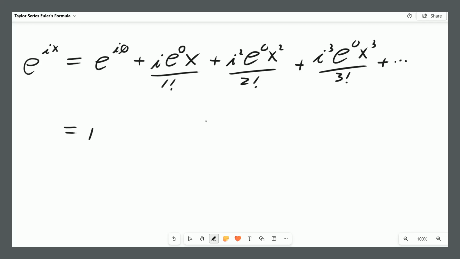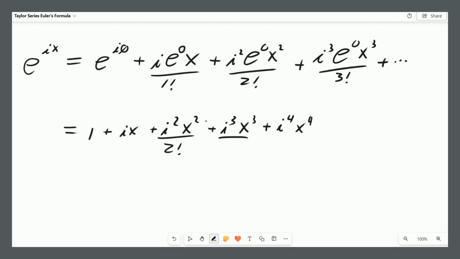So we just have 1 plus ix plus i squared x squared plus i cubed x cubed plus i to the power of 4 x to the power of 4, and all of these are also over 2 factorial, over 3 factorial, over 4 factorial. Next it's going to be i to the power of 5 x to the power of 5 over 5 factorial, and so on.